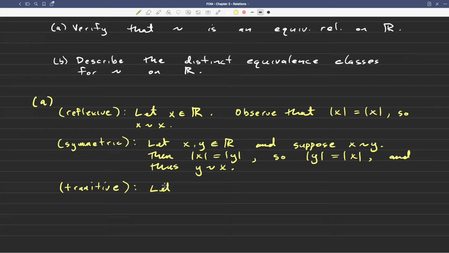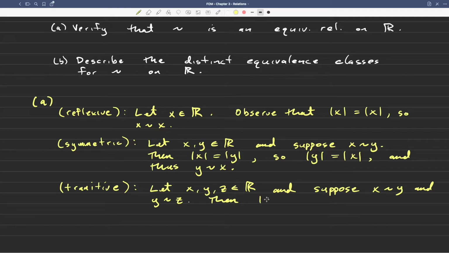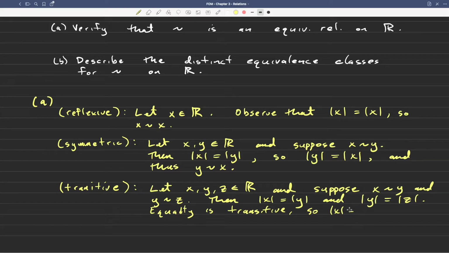Here we have to take three arbitrary elements, x, y, and z, and suppose that x is equivalent to y and y is equivalent to z. Then that tells us that the absolute value of x equals the absolute value of y, and the absolute value of y is equal to the absolute value of z. Well, equality is transitive, so since we have the absolute value of x equals the absolute value of y and the absolute value of y equals the absolute value of z, then we know the absolute value of x equals the absolute value of z. Thus, x is equivalent to z.